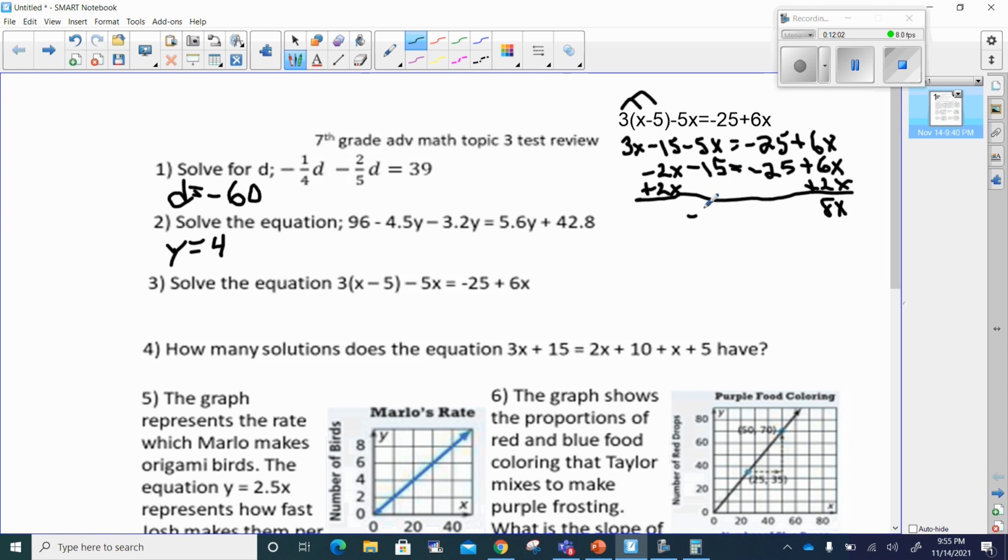So this gives me negative 15 equals negative 25 plus 8x. I got to get my variable by itself, so I got to move this negative 25. I'll have to add 25 to this side to get rid of it. Whatever I add to one side, I add to the other side.